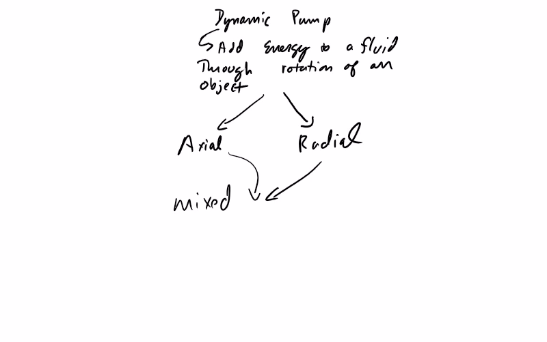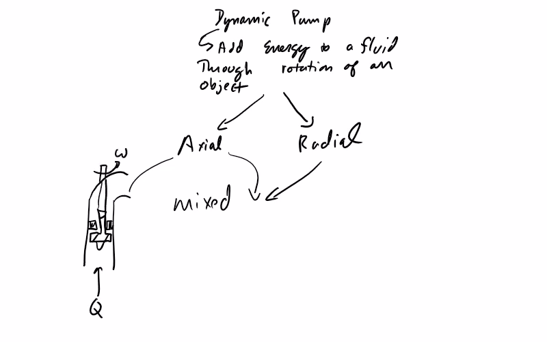Now, what's the difference between an axial and a radial pump? Essentially, an axial pump looks like this, where we have flow going this way. It usually has some sort of shaft here, and if there's an elbow here, the shaft is going to extend out of it.